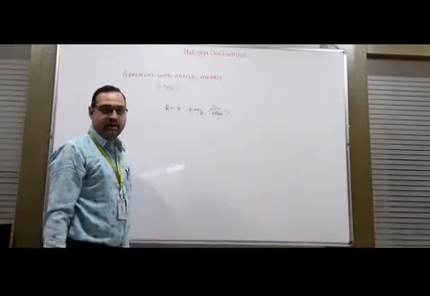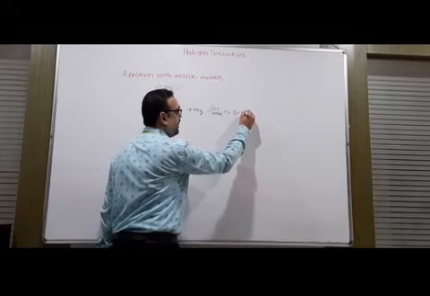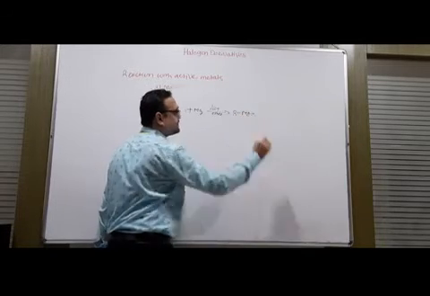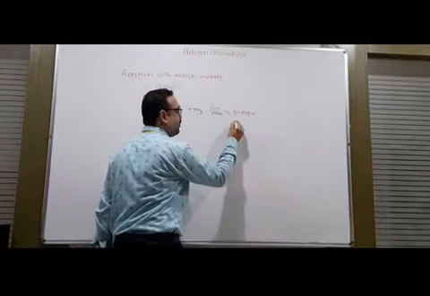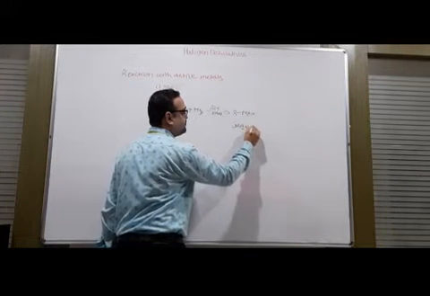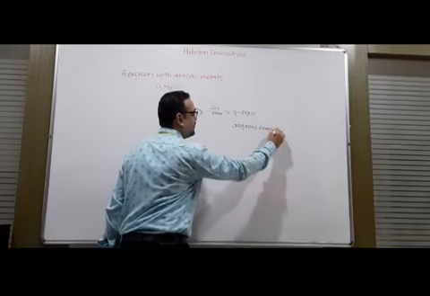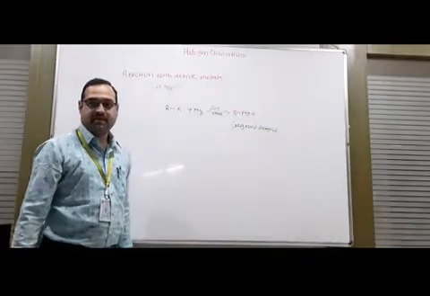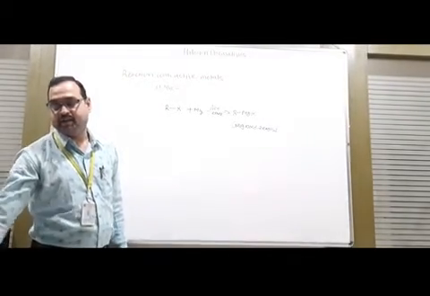In presence of dry ether, it gives RMgX. This product is known as Grignard reagent. Okay? What is Grignard reagent?